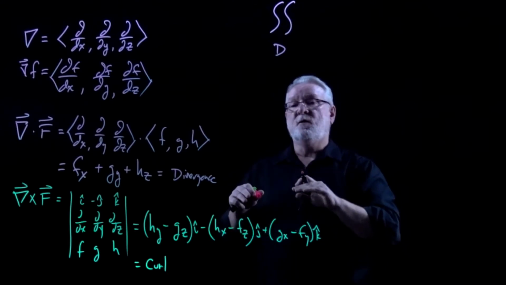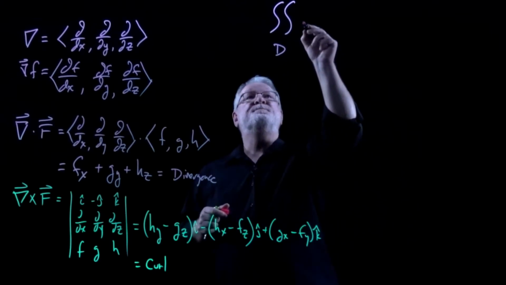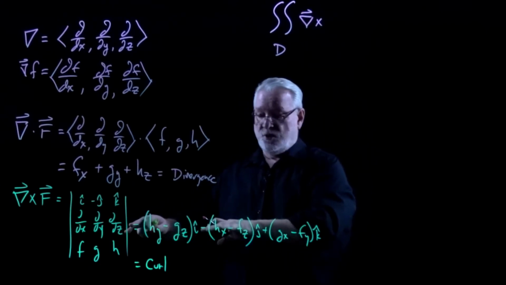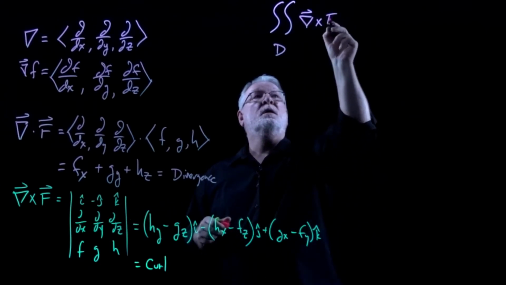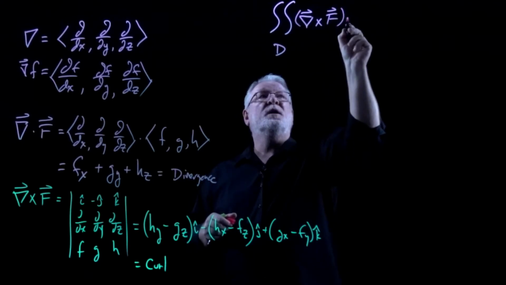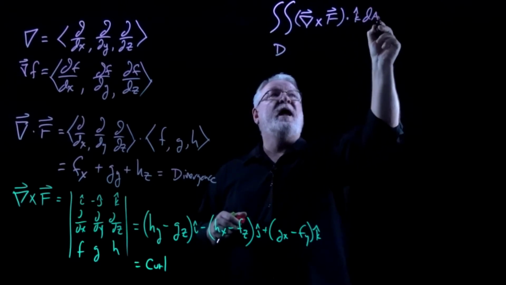And within it, what we want to do is take the double integral of the cross product, that is the curl, of del crossed with f. And then we're going to dot that with the k hat vector, dA.